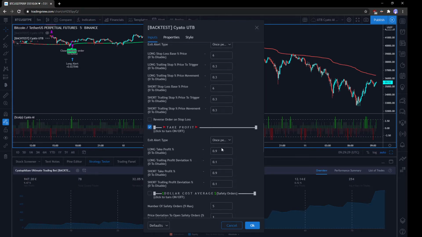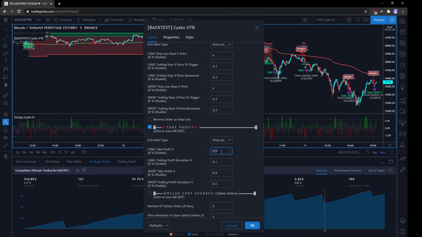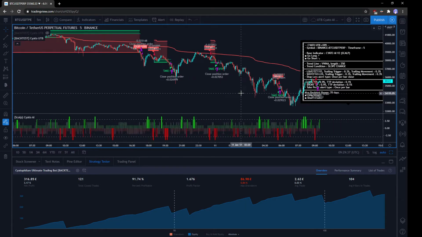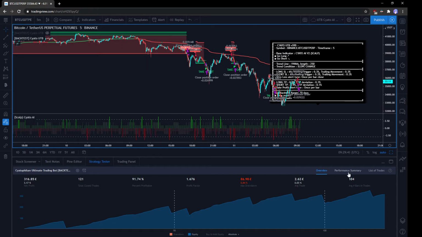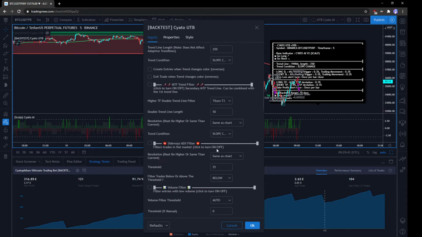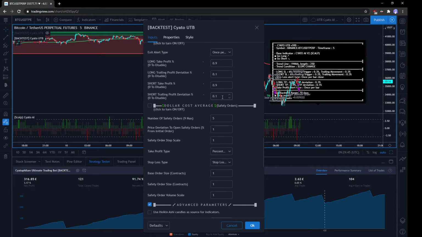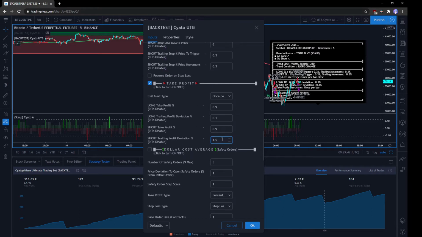So I set a take profit of usually 0.9, but since the market is really volatile right now, I think we can increase it a bit to something like 1.5.